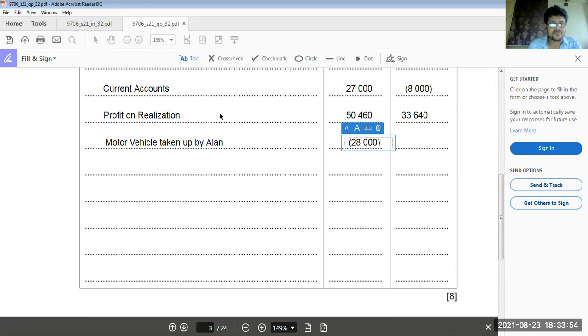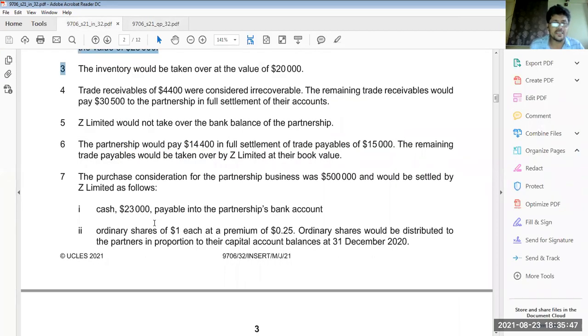Now, what we have to do, now shares. What about ordinary shares? Now see, the purchase consideration is 500,000, and minus 23,000 is given as cash, and the remaining is paid by the shares. It means $477,000 have been paid in the form of shares. So this 477,000 would be divided between partners in proportion to their capital accounts.